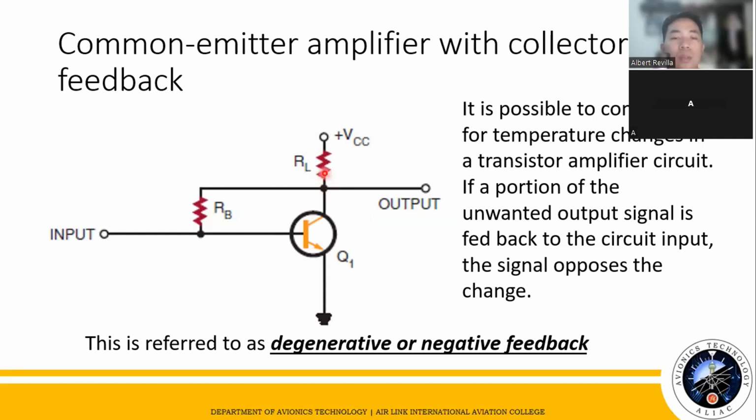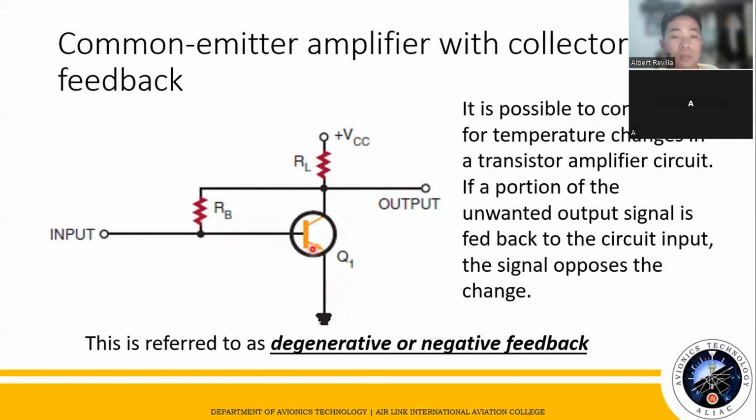So, the collector to emitter voltage decreases, reducing the voltage applied to the RB. So, dito natin, syempre, pag nag-reduce dito kay collector emitter, yung pumupunta na output kay RB, syempre, nagdi-decrease.